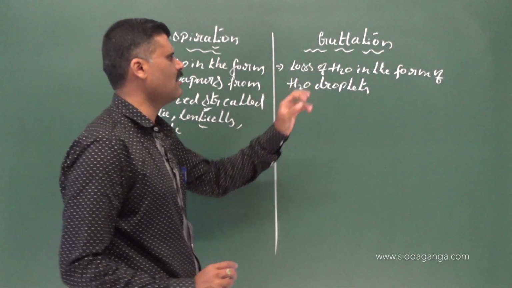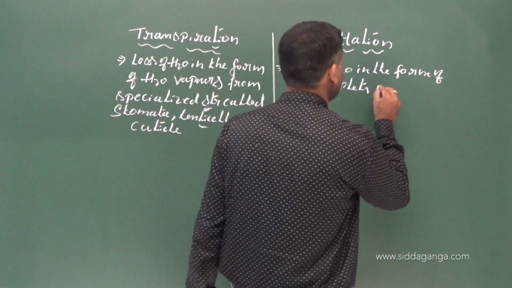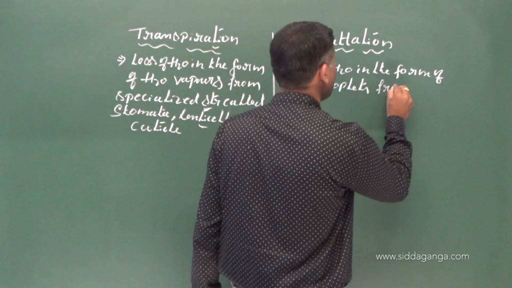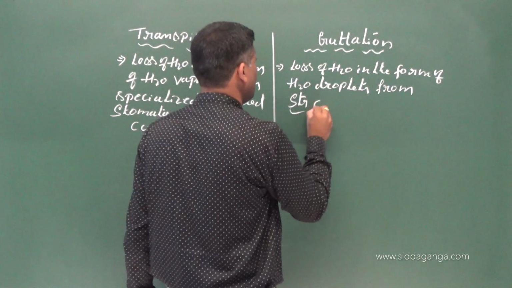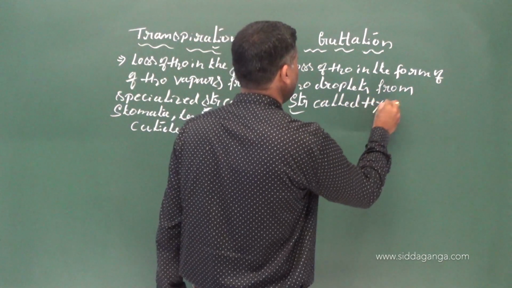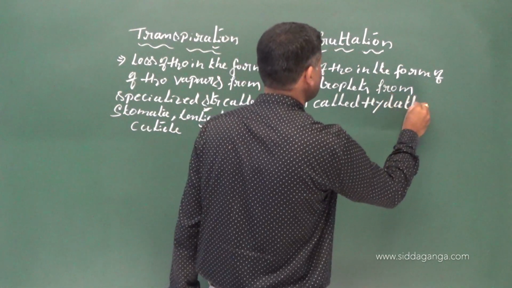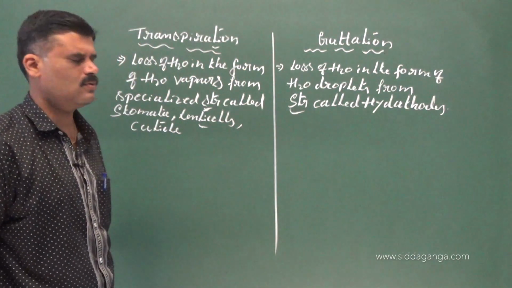In guttation, loss of water in the form of water droplets takes place from a specialized structure called hydathodes. From the structure called hydathodes.